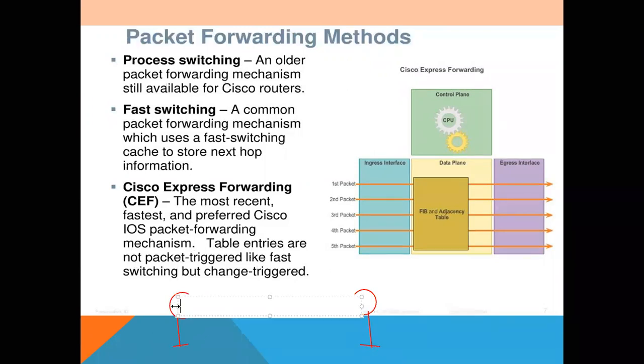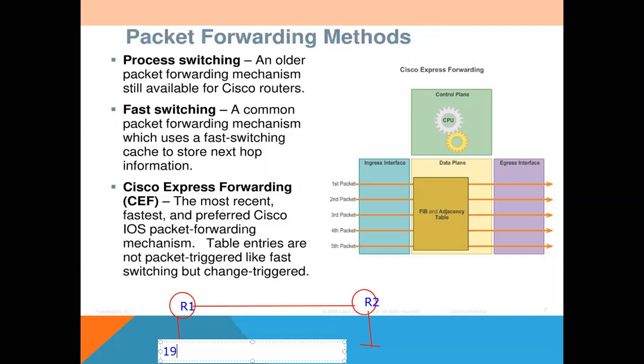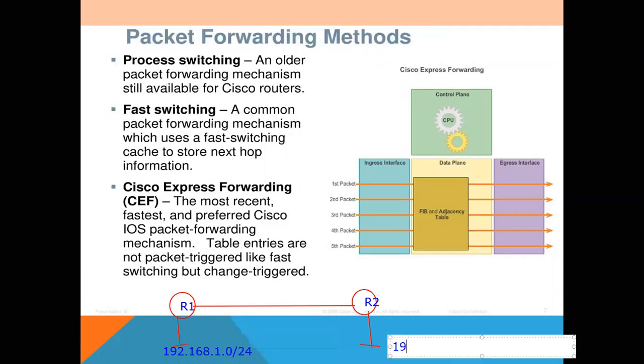So this is router 1 and this is router 2. The source network is, let's say, the 192.168.1.0/24 network, and the destination is the 192.168.2.0/24 network.